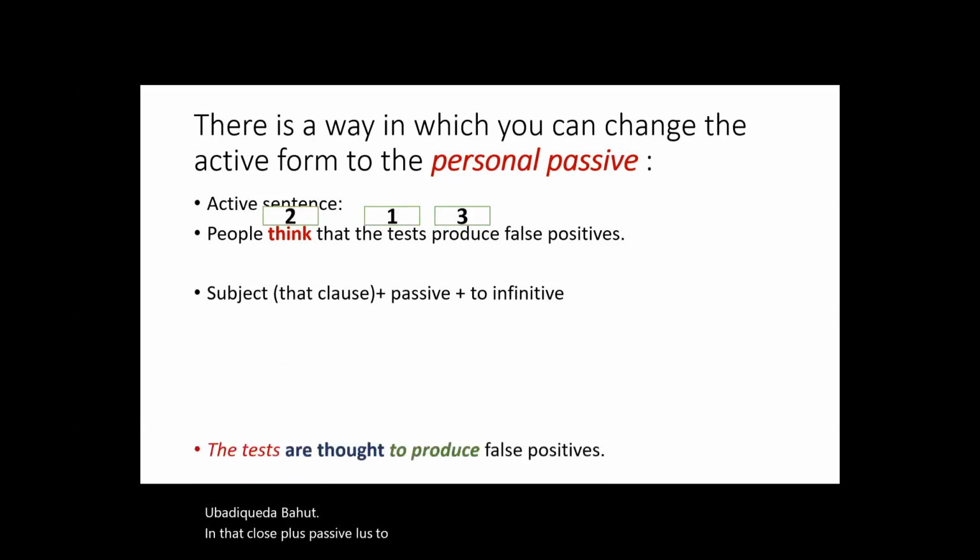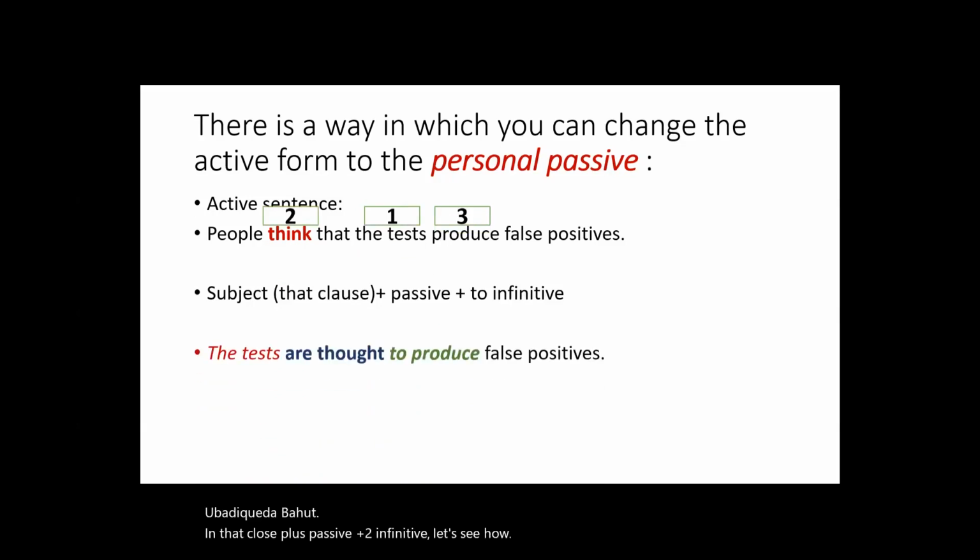Let's see how. The tests are thought. يبقى أنا عندي think هنا اللي هي number 2 بتنزل إيه؟ are thought verb to be، وبحول دي للPP followed by to infinitive to produce.